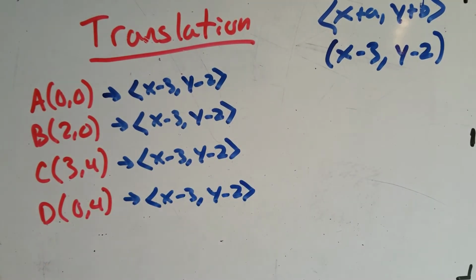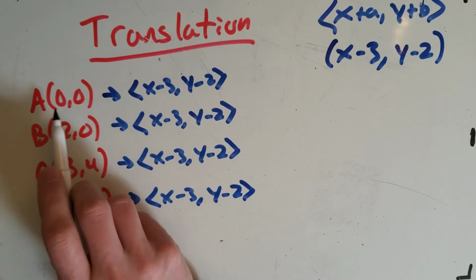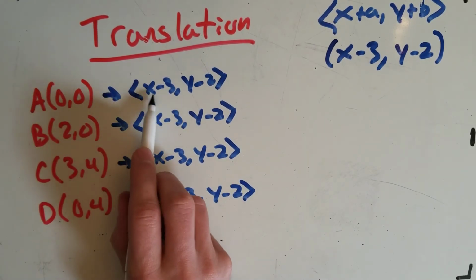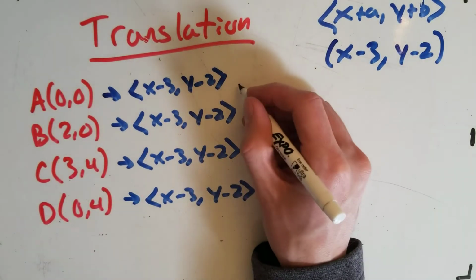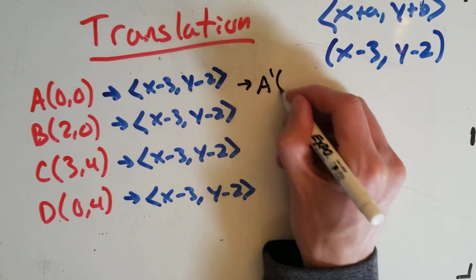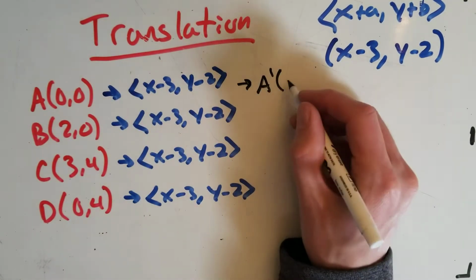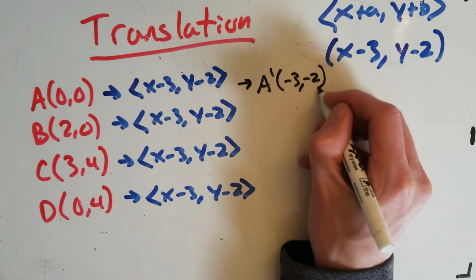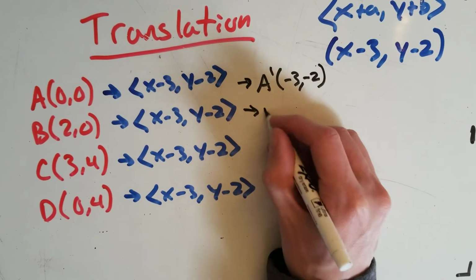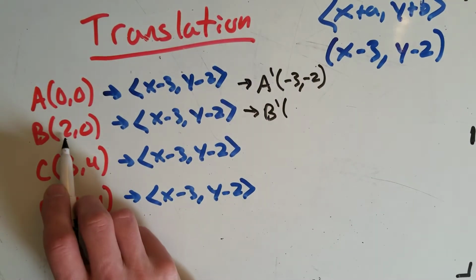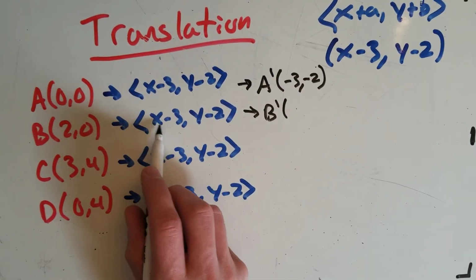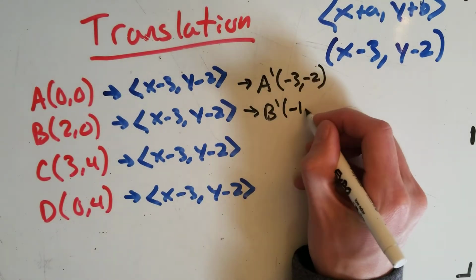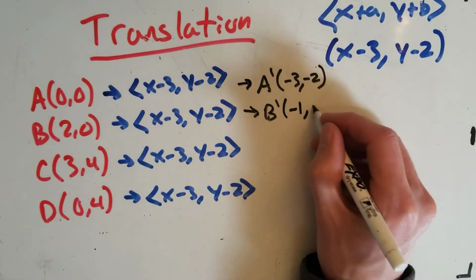If you want to show the work for these, all you would be doing is substituting in x and y. So (0, 0) minus 3 and 2 ends up at A prime: 0 minus 3 is negative 3, 0 minus 2 is negative 2. B prime will be 2 minus 3, which is negative 1, and 0 minus 2, which is negative 2.